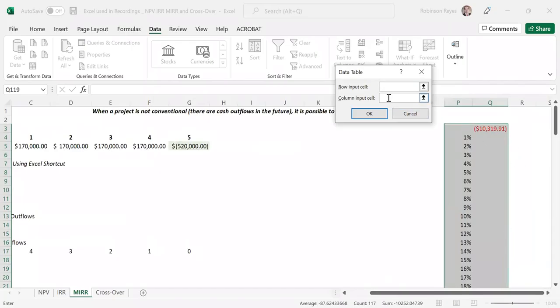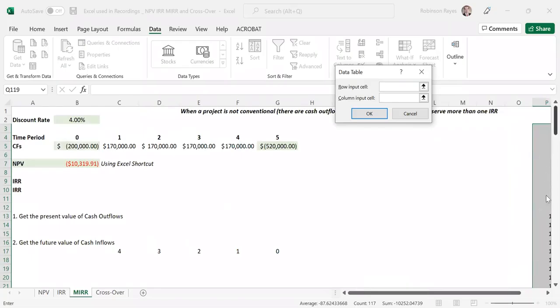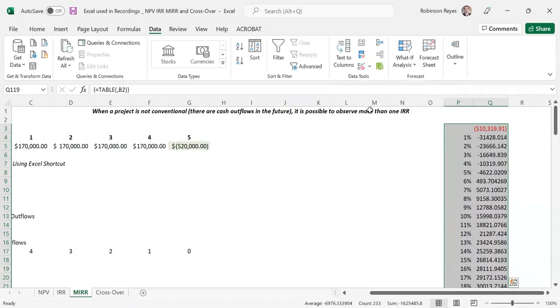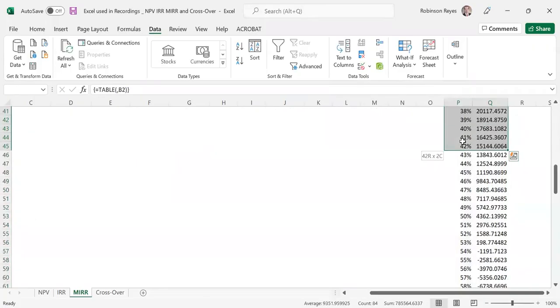But then in a column, we want Excel to use all of these values one by one, replace this discount rate, recalculate the net present value with this formula we are referencing here on the top, and then give us these values.